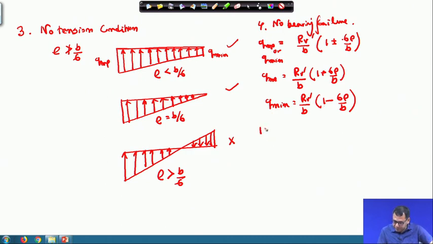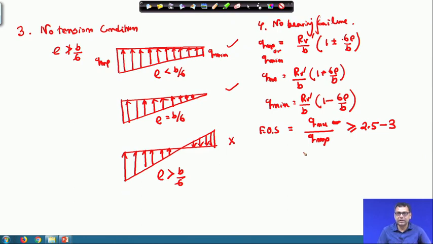So, the factor of safety for this case will be q net ultimate divided by the q max that is acting, and that should be greater than or equal to 2.5 or 3. Okay.